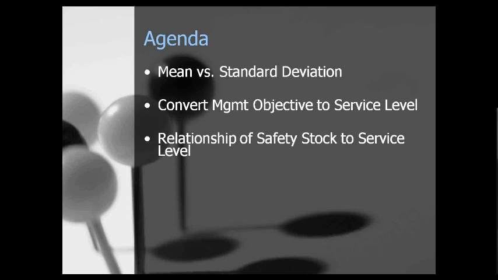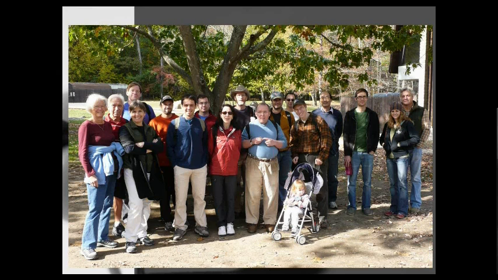So, variation happens in all different kinds of areas. This photo of a family reunion, if you took these people and had them sort themselves from the shortest to the tallest, disregarding the infant in the stroller, what you would find is that most of the people congregate in the center of this bell curve.